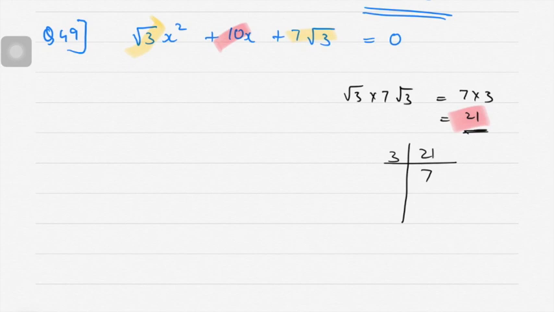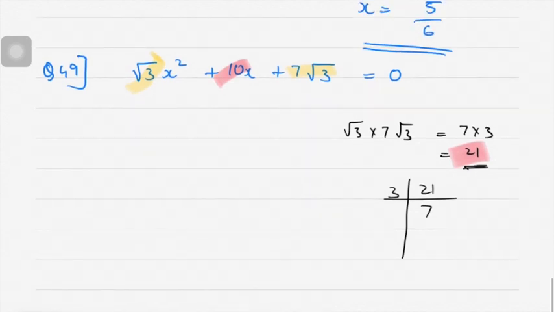3 sevens are 21. Correct? That means the two numbers have to be 3 and 7. When you multiply those two numbers, it is 21. When you add it, it is 10. Correct? So 3 and 7 are the factors. Now you know it is 3 and 7.